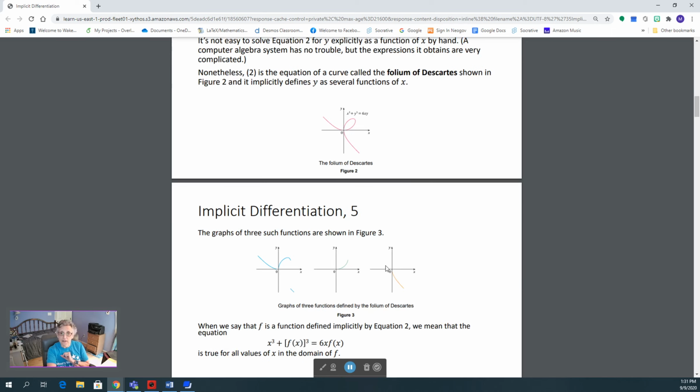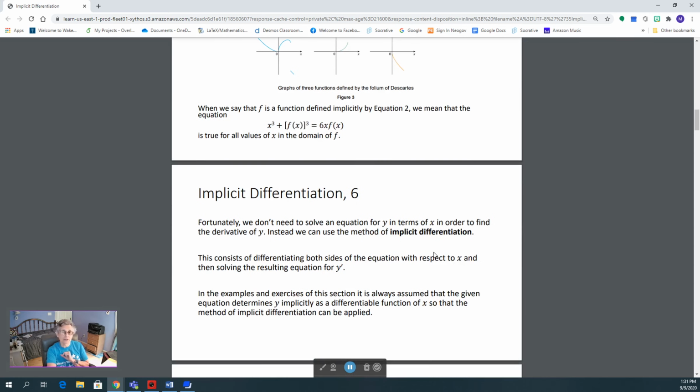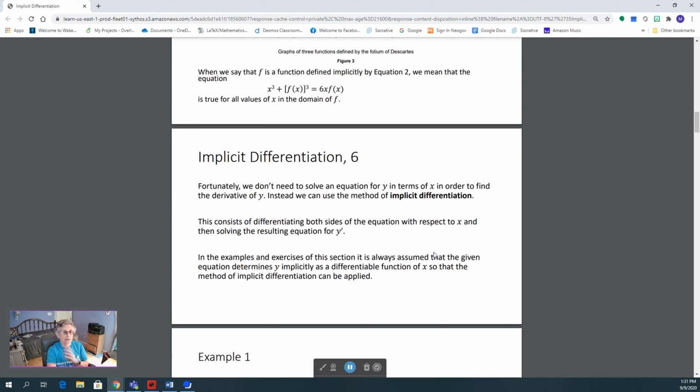You would have to divide it into three functions. Luckily, we don't have to do that. We can do what's called implicit differentiation. We just differentiate both sides as functions of x and use the chain rule.